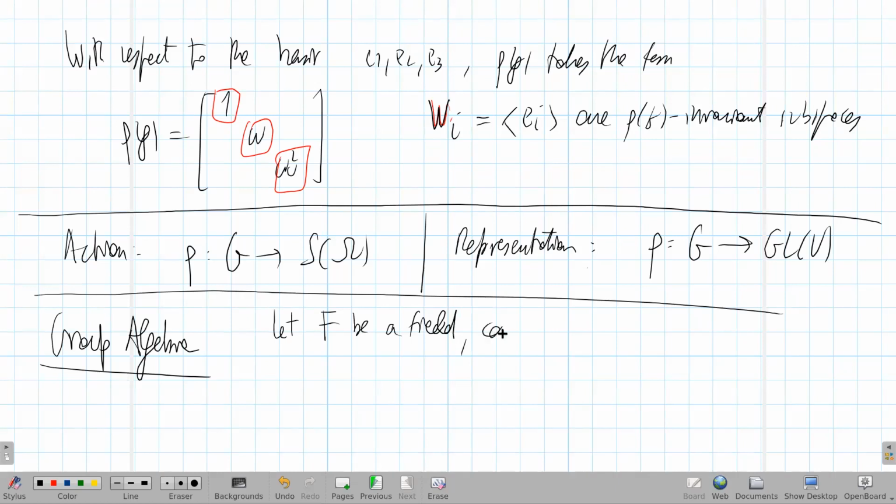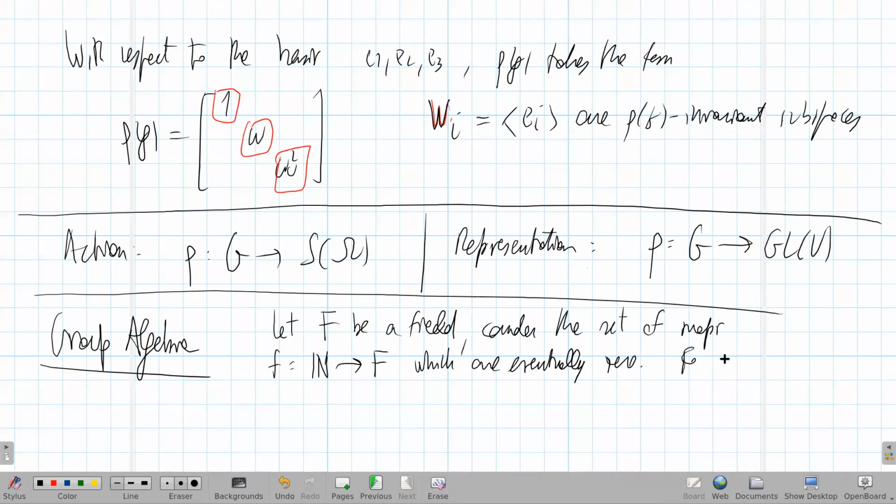Consider the set of maps, which we will call F, from the natural numbers N to F, which are eventually 0, which means that for any given f, there is an n such that f(i) equals 0 as i is greater than n.